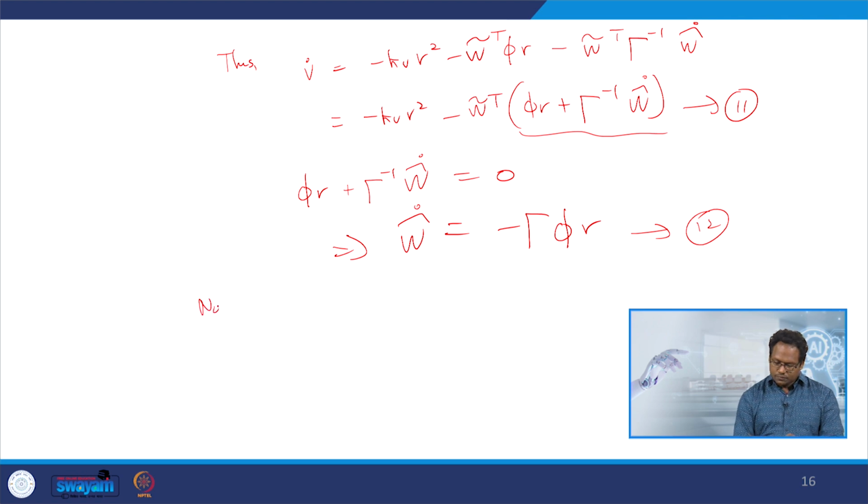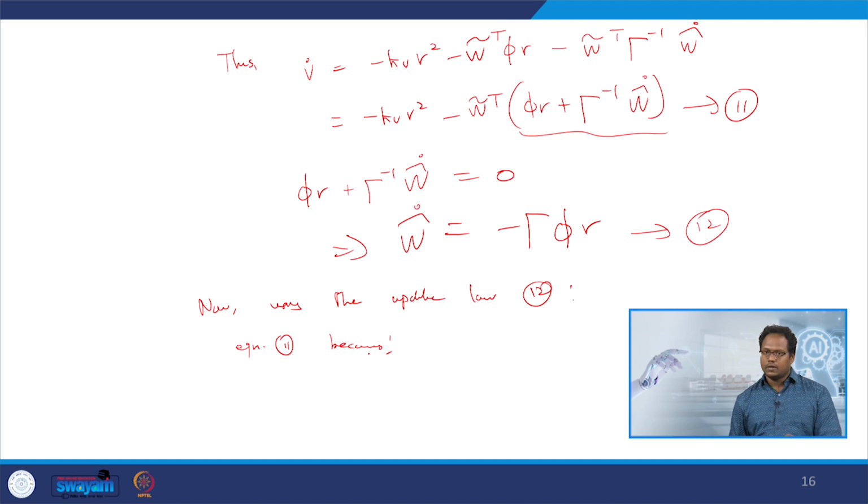So, now using this update law, which is given by equation 12, equation 11 becomes, by substituting this back, V dot equal to minus kv into r square, that is equation number 13. Okay.